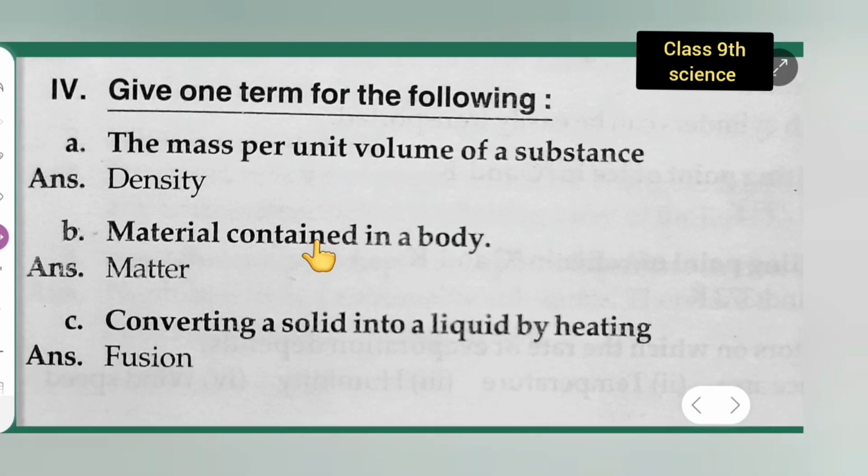So give one term for the following. You'll have to only give one term for each of the following. A: the mass per unit volume of a substance is density. B: material contained in the body is matter. C: converting a solid into liquid by heating is diffusion. You have to give one term for the following, okay?